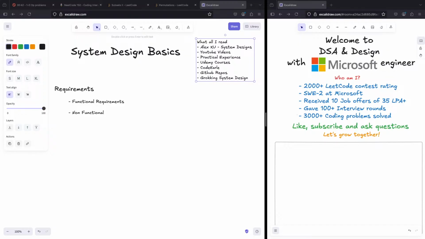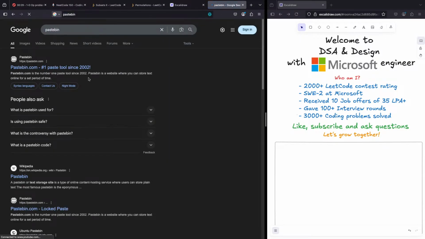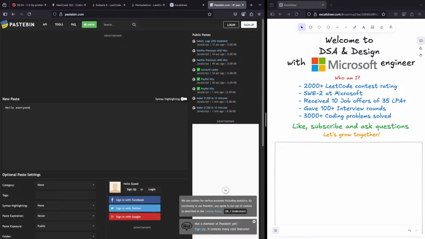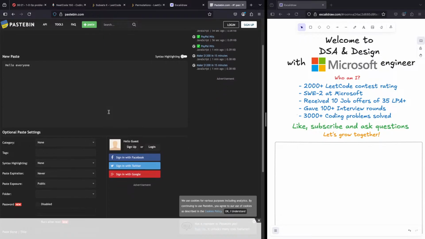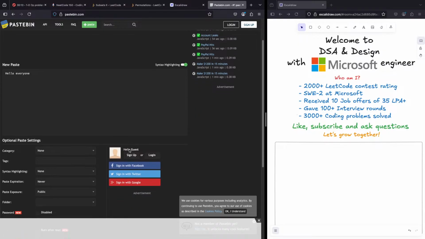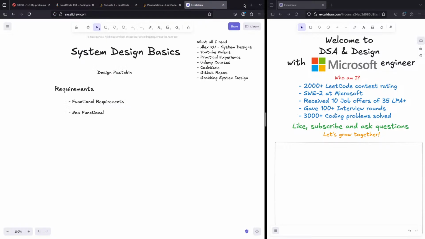Cool, so let's do Pastebin. Design Pastebin. Pastebin is an application where you can go and paste your content and share it with people, instead of a URL. It's more of a copy-paste tool. So I can say hello everyone and then share it. Where is the share link? Syntax highlighting. Do I need to log in? I never used it. I think I need to create a new paste.